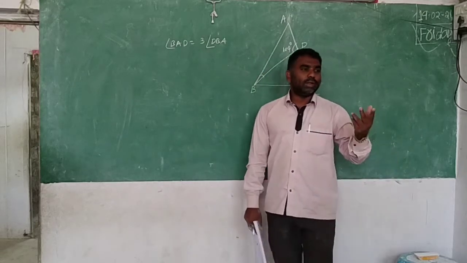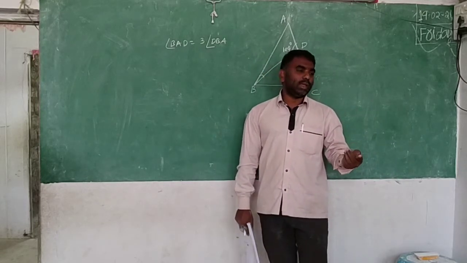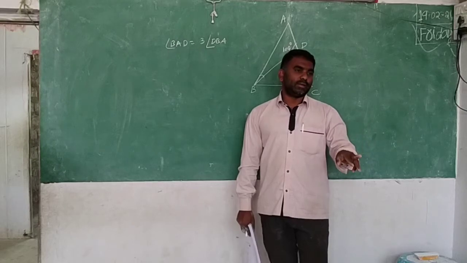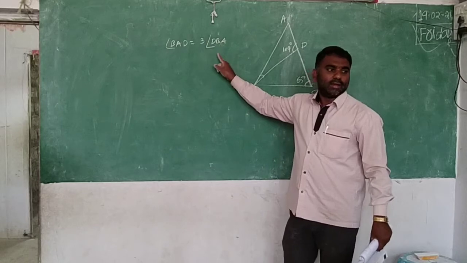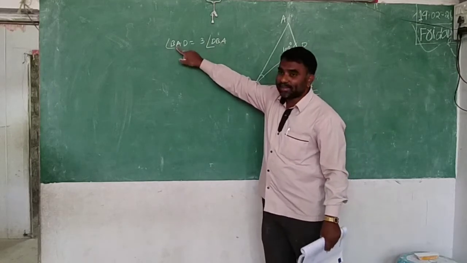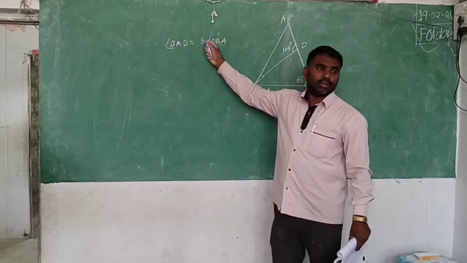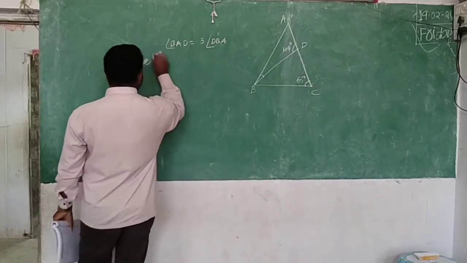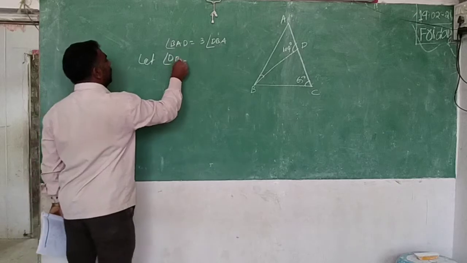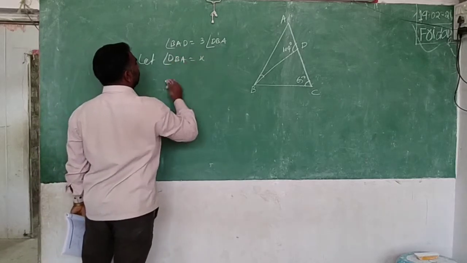In that case you will take x. Which one is better to take as x? The one which is not dependent. This one is dependent and this one is not dependent, because you are getting this answer by using that. So what will you think? Let angle DBA be equal to x.